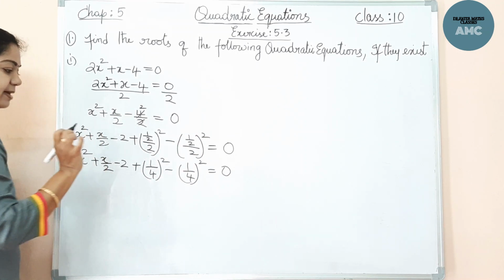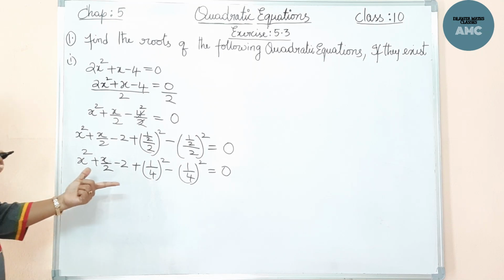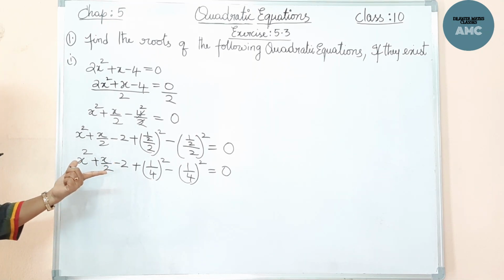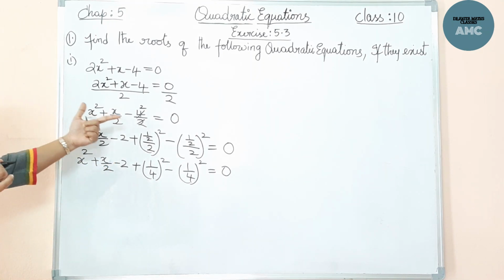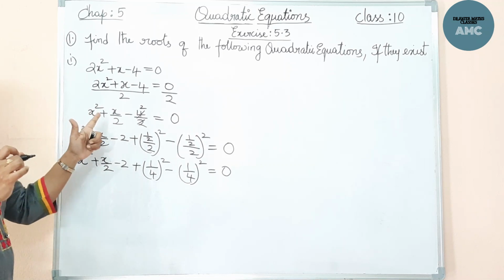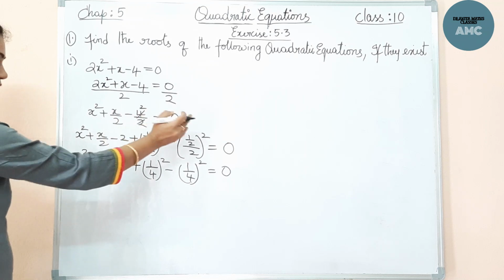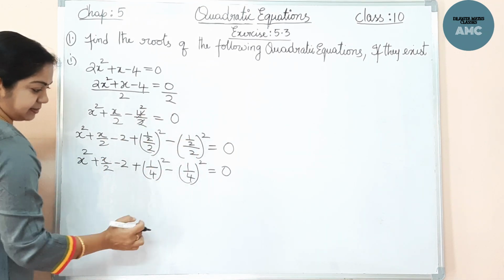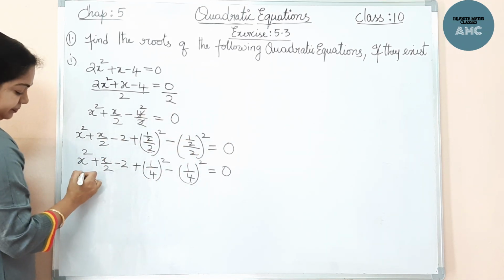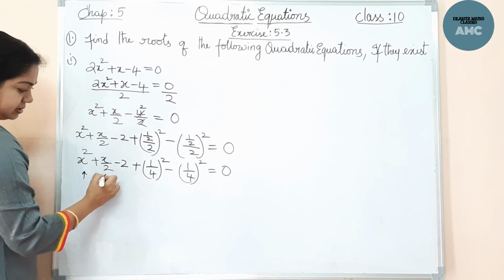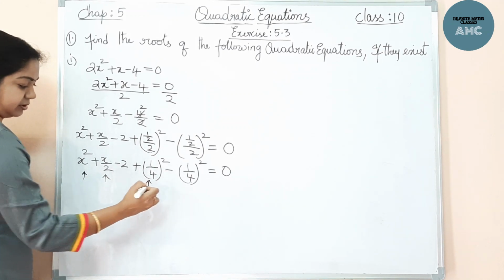Right. The second step is very important. Okay. Here you have to just see the coefficient of x, that by 2 whole square. That you have to add and subtract. Now, see here, this term and this term.